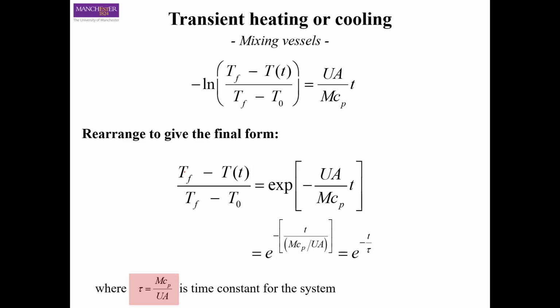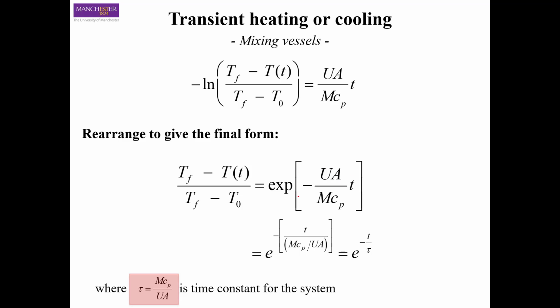That is Tf minus T at a certain time, divided by Tf, the temperature of the fluid, minus the initial temperature of the fluid, and that is equal to the exponent raised to the power UA over MCp times t. So that is the time function.